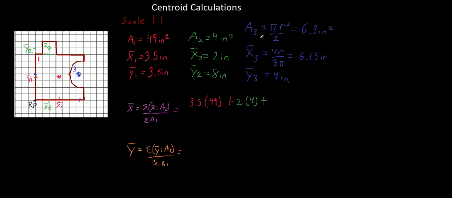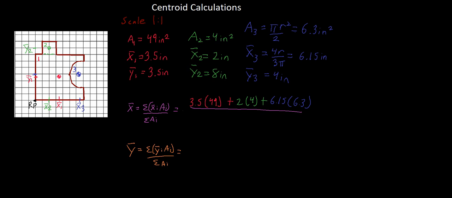Then we're going to add that to the x from our reference point. Since it looks like I haven't actually labeled that, x3. So our individual x distance to our centroid from our reference point, which was 6.15, multiplied by its respective area, which is just 6.3.